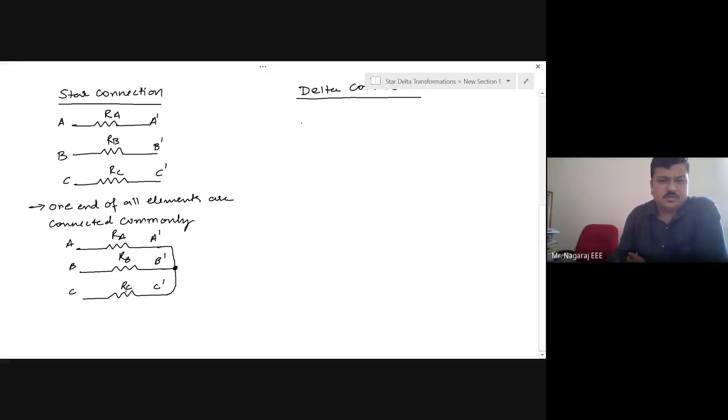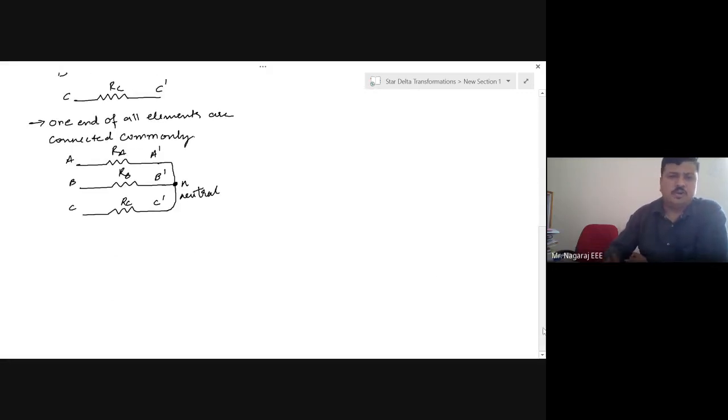The point where one end of each element is connected is called the neutral point, N. Generally, if I want to represent the star connection, I represent it in the form of either Y connection or inverted Y connection.